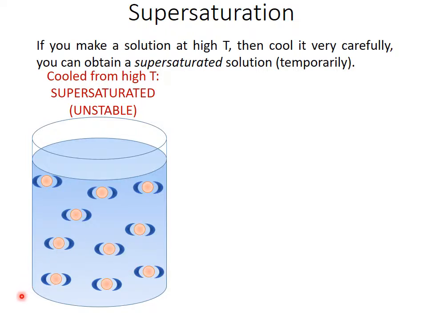So let's perturb this unstable system. If we take one more solute molecule and we drop it in there, it's going to cause a chain reaction of events called precipitation. What's going to happen is the solute and solvent molecules are going to rearrange themselves so that you get that 4-to-1 ratio again, and that's going to leave some solute out.